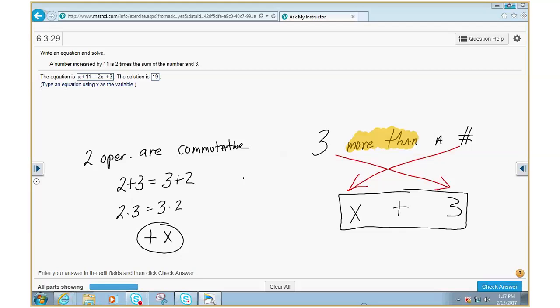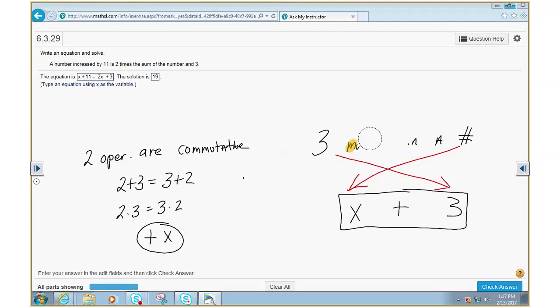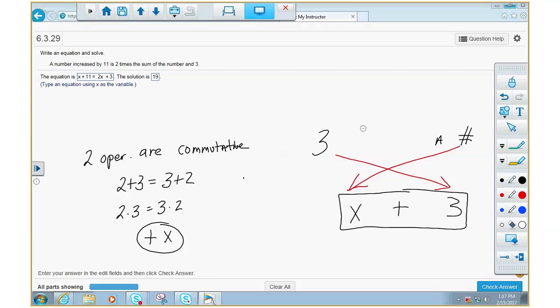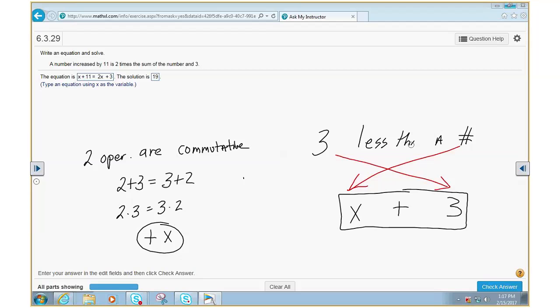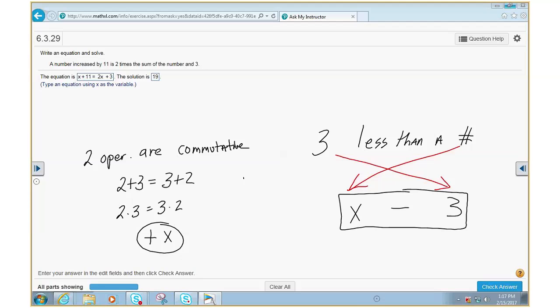I'll Google it for you and put it on the board for you this morning. Okay? And then you can take a picture of it. 3 more than a number. Now, what if I change this to less than? Then what did I change this to? A subtraction symbol. And that's pretty much all you need to remember when you're dealing with anything having to say less than or greater than.